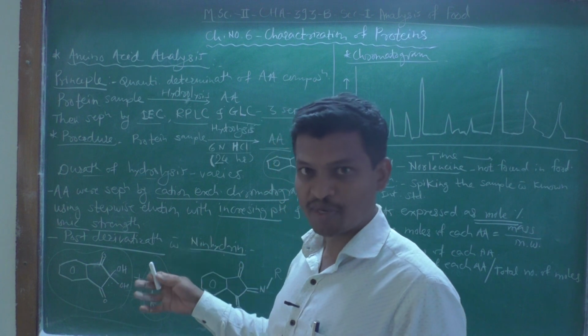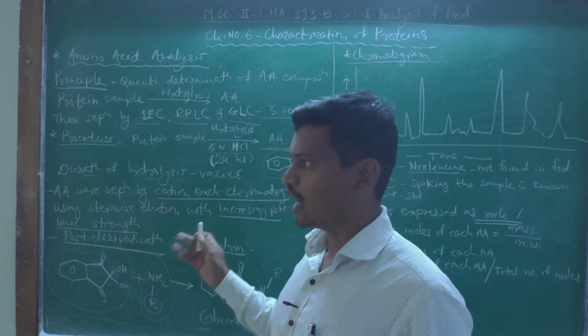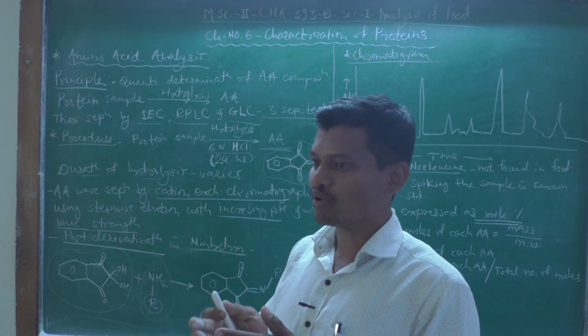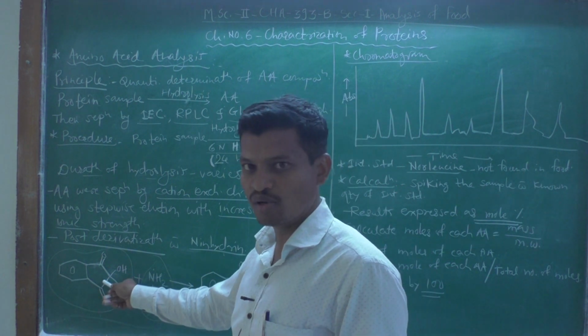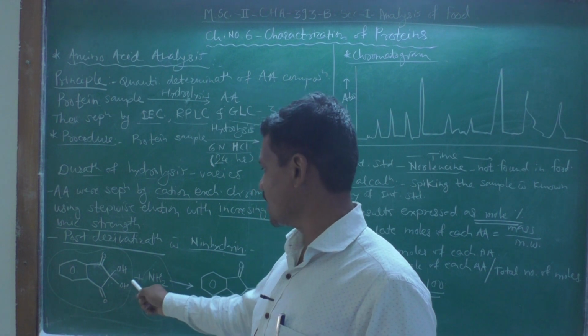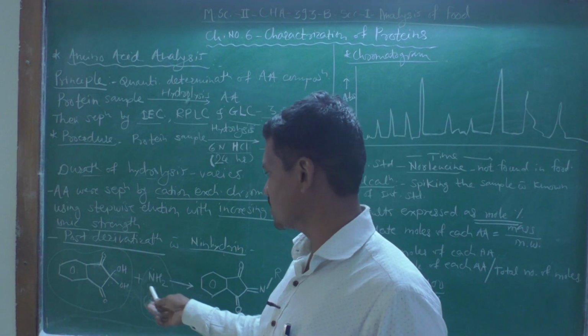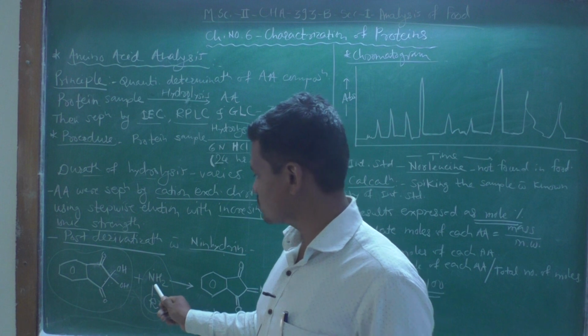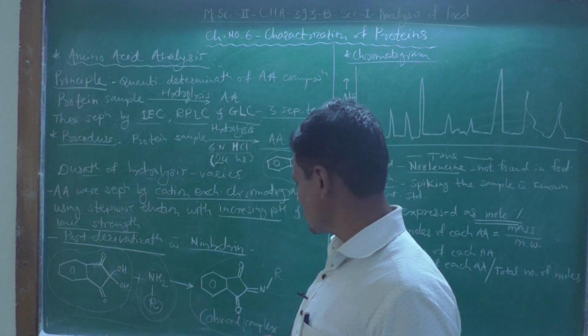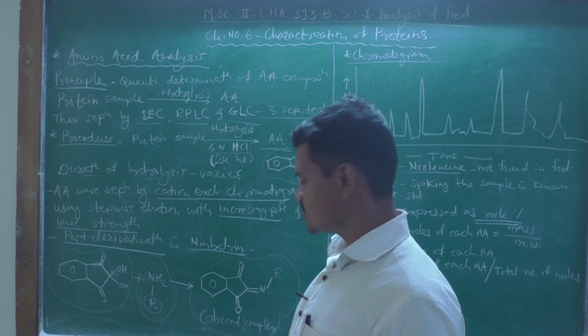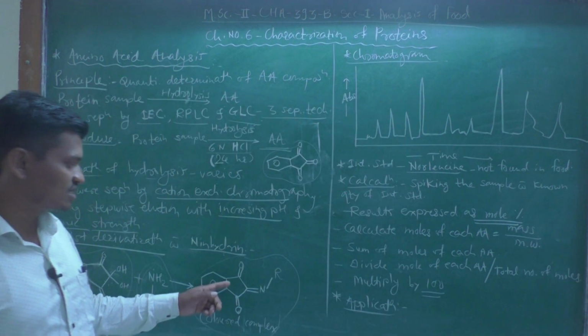Hence ninhydrin reacts with each amino acid separately, because we have separated forms of all amino acids here, and we are derivatizing each and every amino acid with this ninhydrin reagent. The general reaction I have written here: ninhydrin reacts with amino acids containing an NH2 group, and a colored complex is formed. The structure of this complex is written like that.